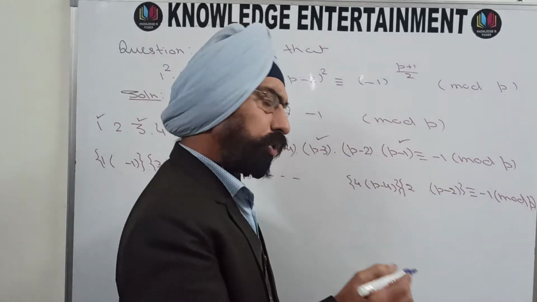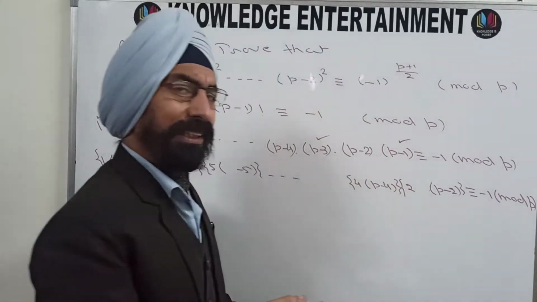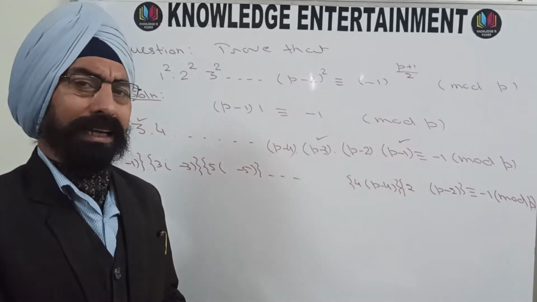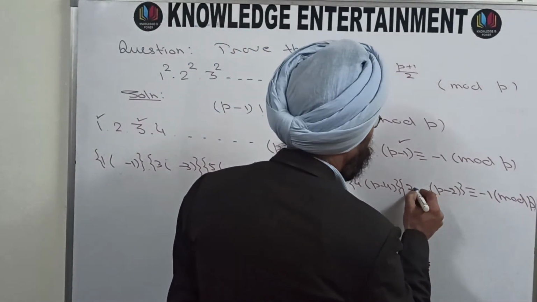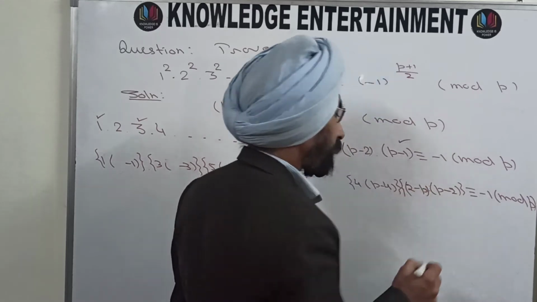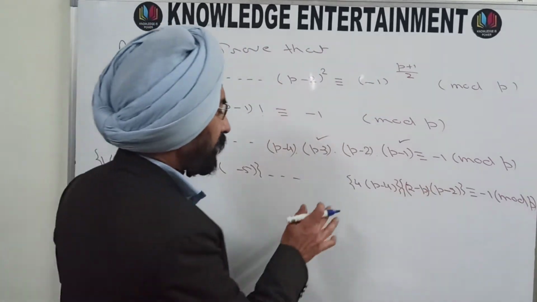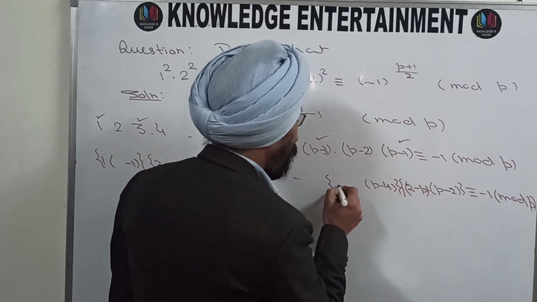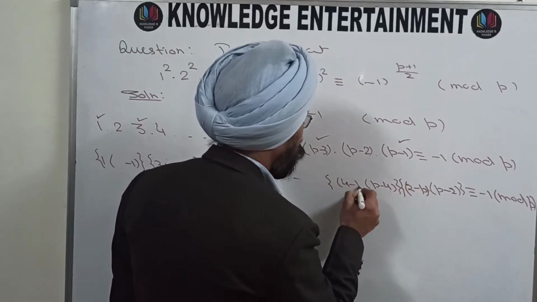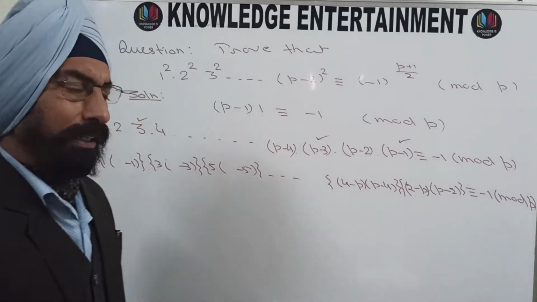Just as I said earlier, we can add any multiple of P, we can subtract any multiple of P. So why not subtract P from here, so it is 2 minus P. Similarly, from this 4, I can subtract P, so it is 4 minus P, and so on.